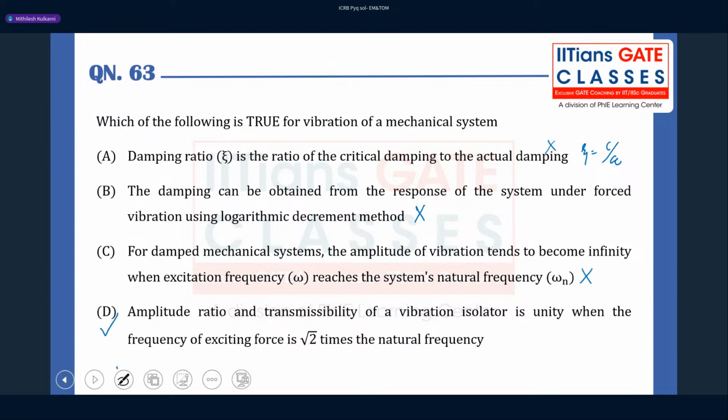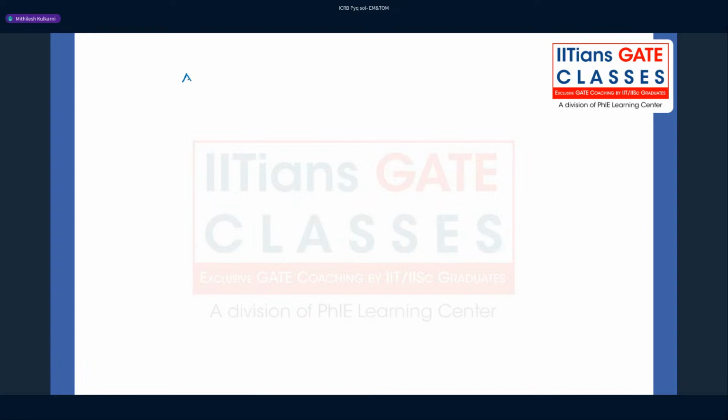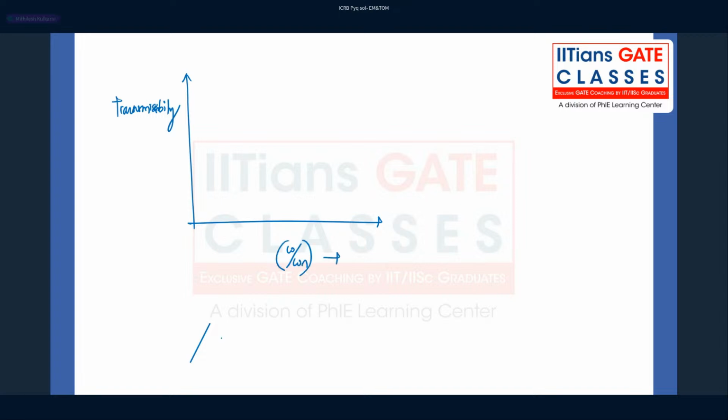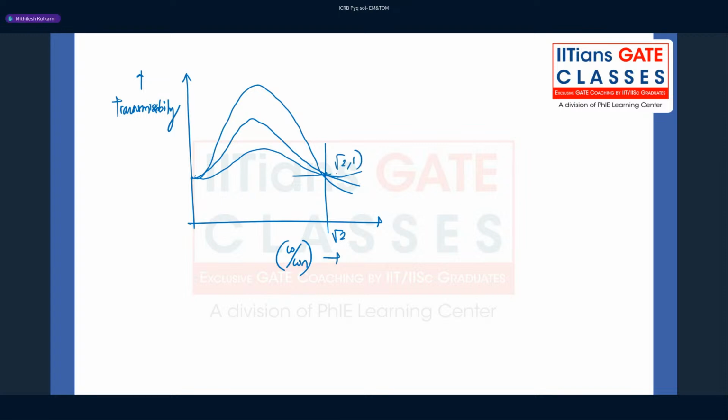And this is a correct statement, because if you plot the transmissibility versus the omega by omega n plot, it will start from here when omega by omega n is 0, and then depending on how much damping we are doing, ultimately it will come back to 1. For all the values of damping factor, it will come at 1. So this is √2 comma 1.